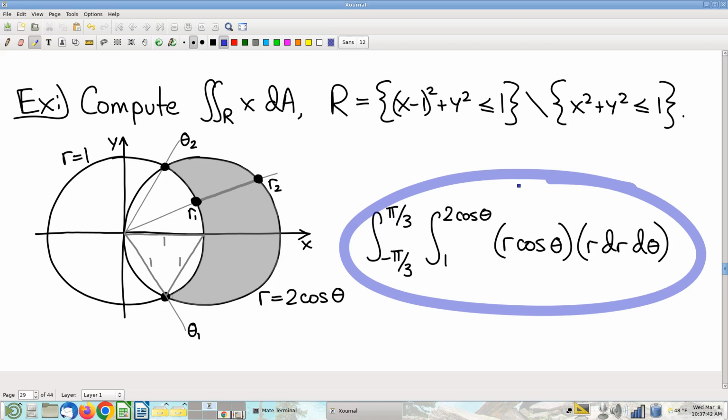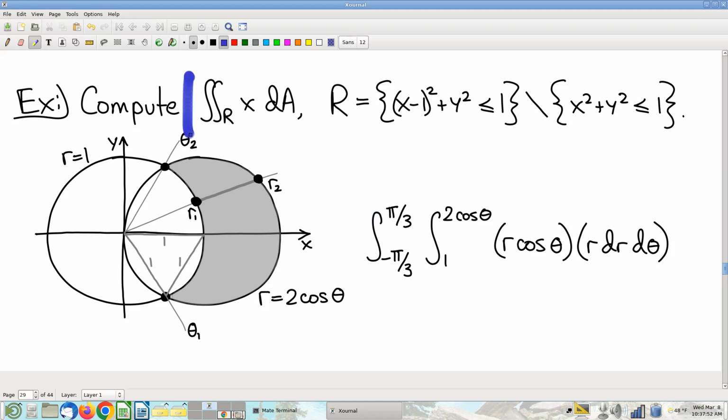There are clever moves you can do with trig identities when you have a bunch of trig in your integral. And the theta integral here works out. It's really not that bad. Whereas the alternative, rectangular coordinates, is 3 separate pieces, all of which would have square roots in the bounds, highly less desirable than the polar. Okay.